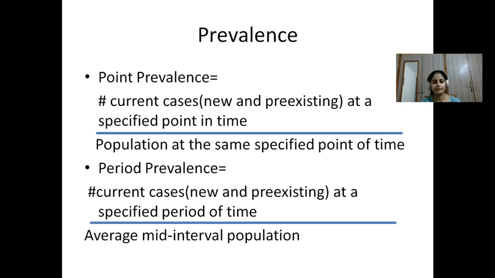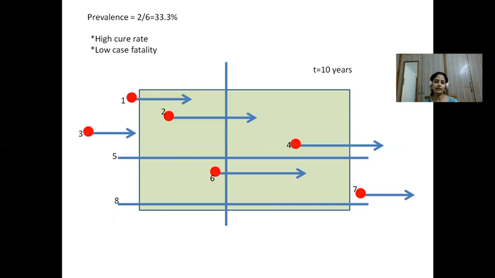So point prevalence is a thin cross-section of the time period, whereas period prevalence takes into account the whole time period. So coming to the same figure, here if we have to calculate the point prevalence at this cross section, then the total number of cases during this point of time are 2 and 6. Total number of population at this point of time are 2, 4, 5, 6, 7, and 8.